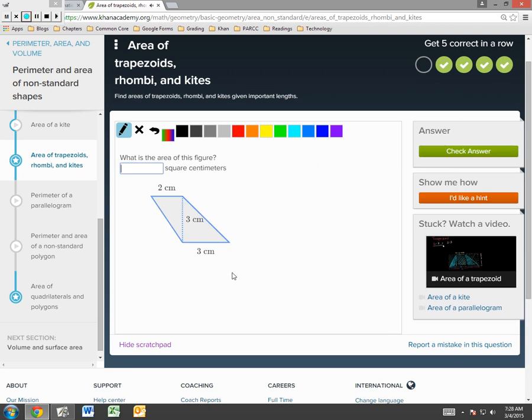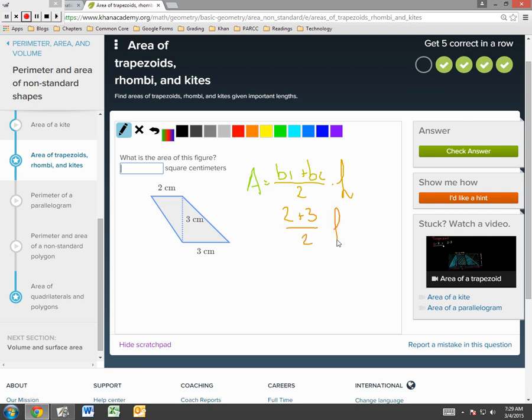This next one, what do we have here? Now, I do not see the parallel markings here. A little concerned, but I also do not see any tick marks showing congruency. I am then going to assume it is a trapezoid. I will go base 1 plus base 2 divided by 2 times the height. Base 1 is 2. Base 2 is 3.